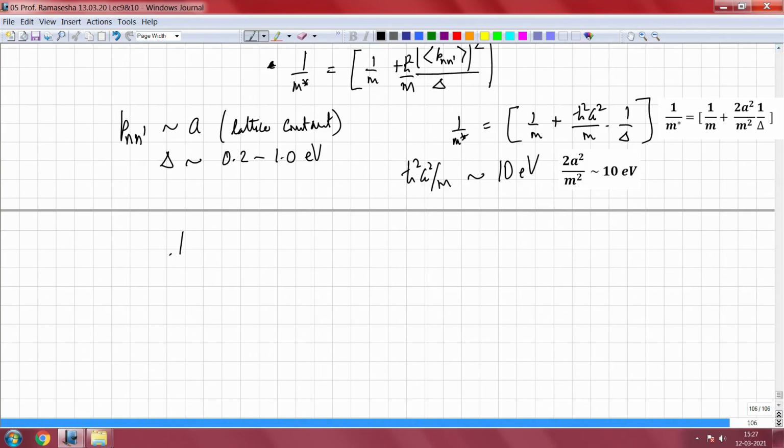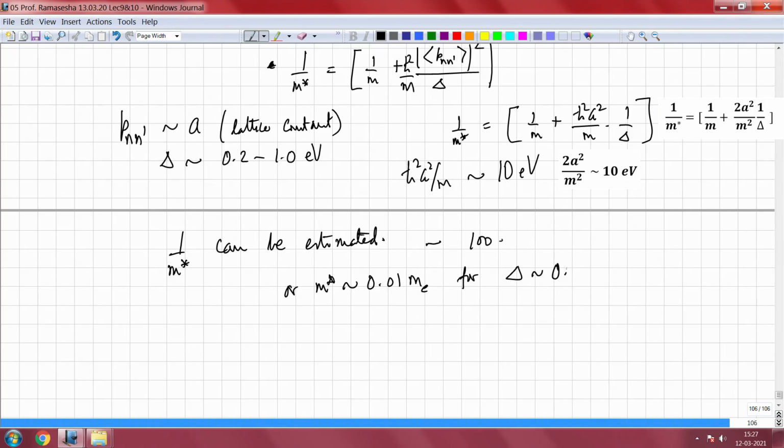So one can estimate 1 by m star, and for some cases you can show the estimate to be about 100, or m star to be about 0.01 mass of the electron, for delta about 0.2 eV.